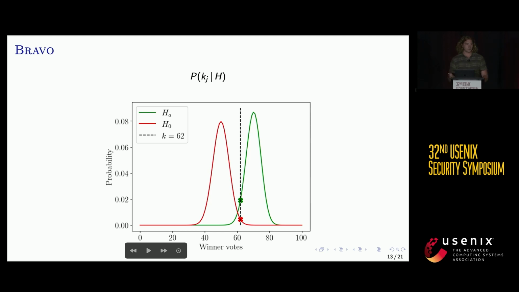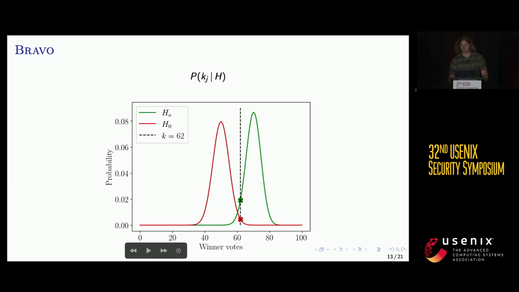And then suppose we drew 62 ballots for the reported winner. Bravo looks at the ratio of the probability of observing this particular value 62, the green point over the red point. And it then applies a threshold. So if that ratio is sufficiently high above the fixed threshold, it confirms the result, it stops, outputs correct. And if it's below the threshold, it does not.